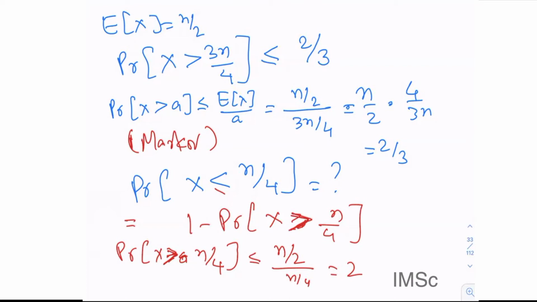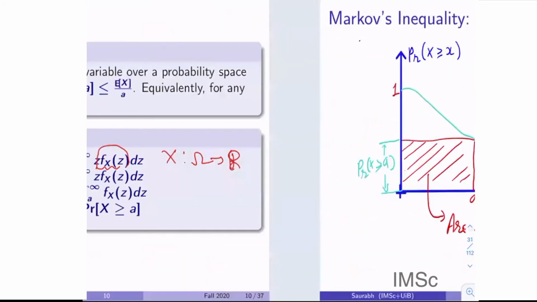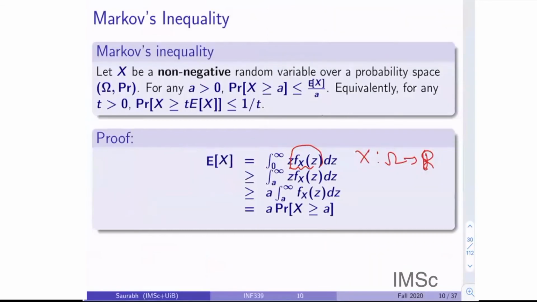What does Markov say? Let X be a non-negative random variable over a probability space, then for any a greater than 0, this happens, right? Now I want to ask, can we construct a random variable over a probability space and say, look, this is the best you can hope for? Do you get my question?